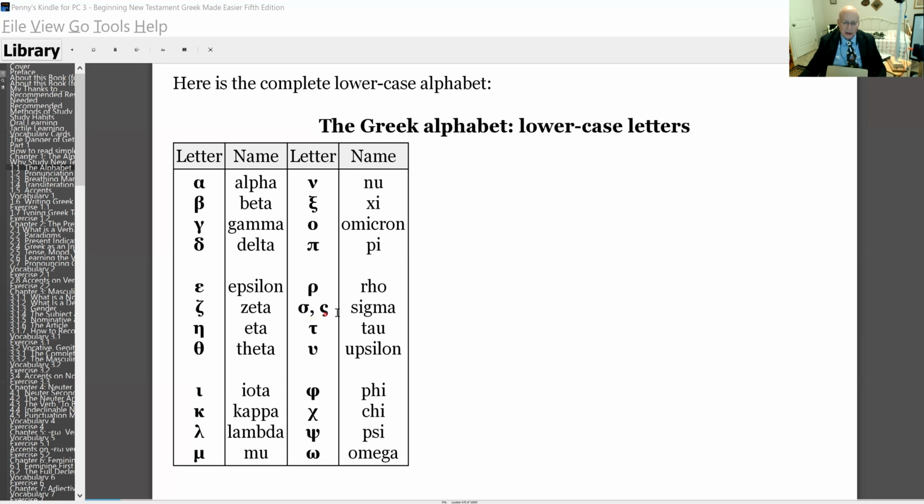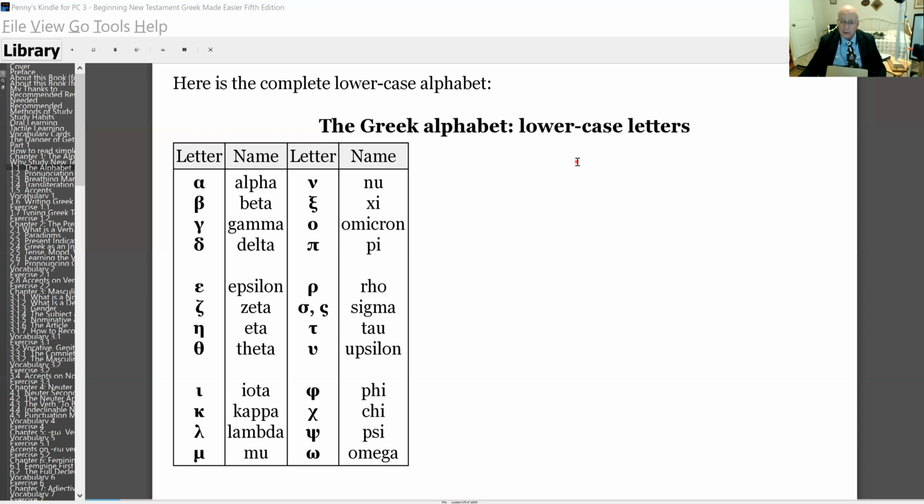It starts with sigma, and they use an uppercase sigma in the Greek New Testament. But in general, the uppercase letters are not used very often. So right now, we are going to concentrate only on the lowercase letters. Most of the Greek in the Greek New Testament is written in lowercase, even at the beginning of sentences. So only at the beginning of paragraphs usually, or with names, do they use the uppercase letters.